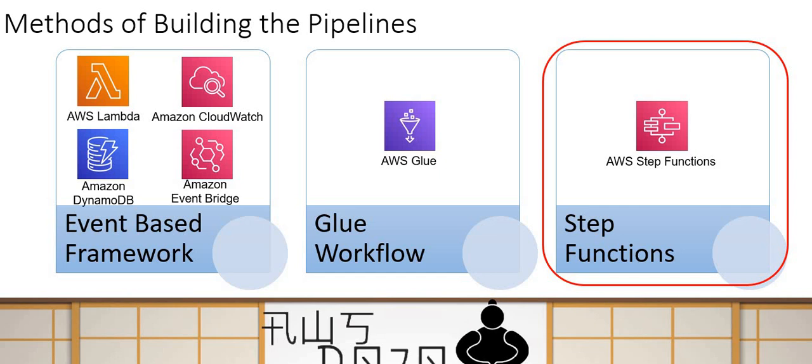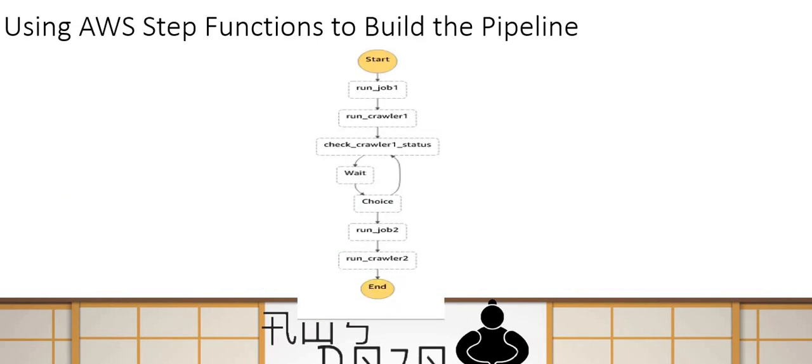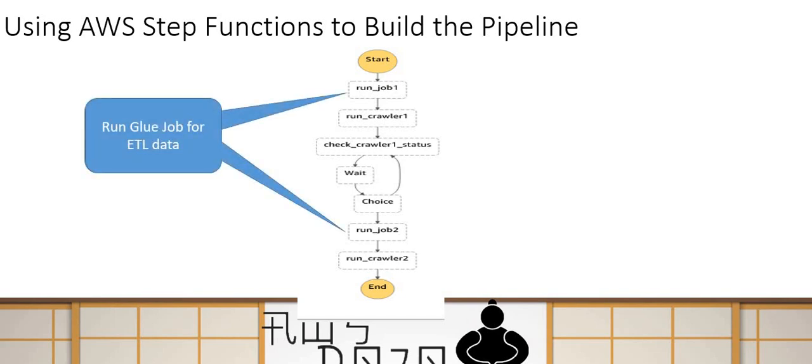Okay, so today's focus is on Step Functions. If you're trying to use a Step Function, this is how your typical pipeline looks. Again, it depends on the business case, but basically, you will be running a couple of Glue jobs as a part of your pipeline, and these Glue jobs are primarily responsible for extracting, transforming, and loading your data. So they do data manipulation and data storage.